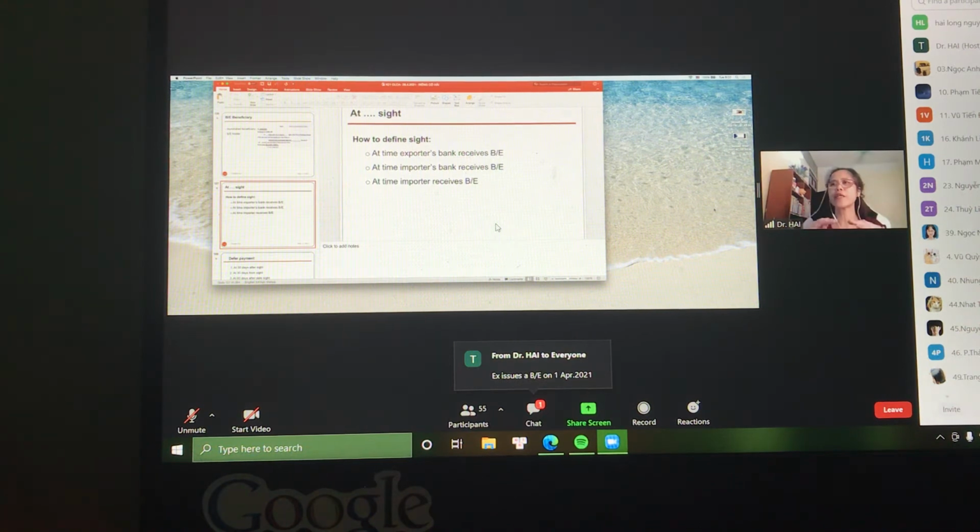After issuing the BE, the exporter sent the BE to his bank. In this case, the exporter's bank. So of course, the exporter sent the BE to the bank, so the bank received the BE.